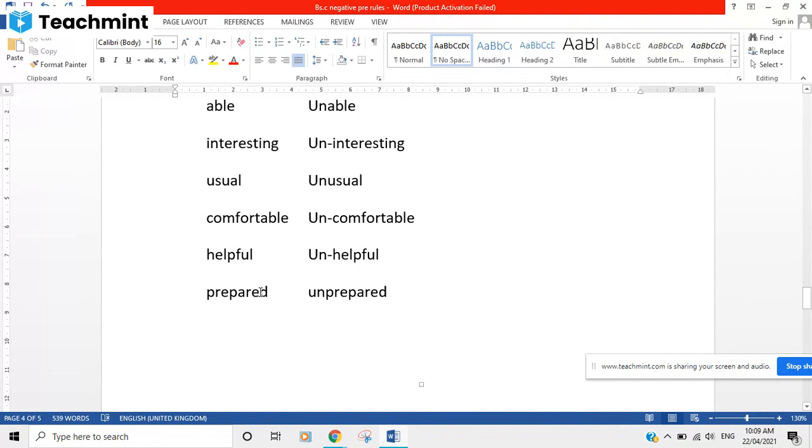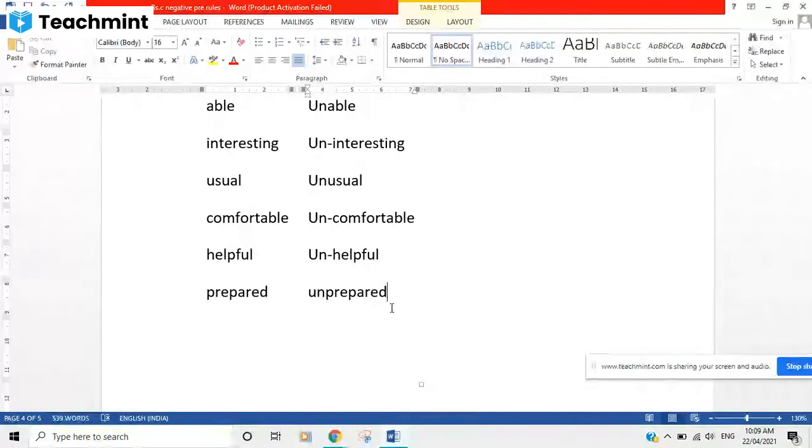Then even. Okay, that's correct. Even, uneven. Next, logical. Okay, logical, illogical. Then personal. Okay, personal, impersonal.